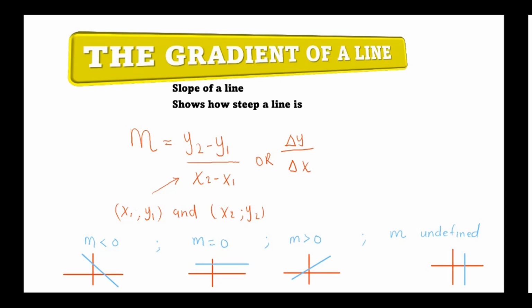There are also other important properties about gradients of lines that you should know. If you have two lines and you are told that those lines are parallel to each other, what would that mean about the gradient?